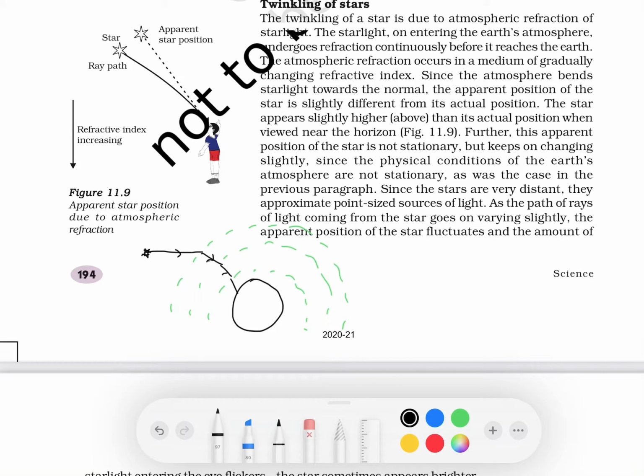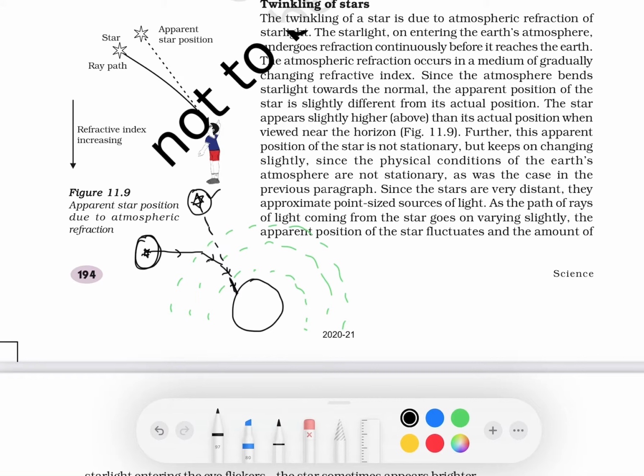So ultimately the straight path which is only this much is seen by you, and a virtual image of this star is formed here. So the star that you are seeing is not actually at that point, it is somewhere else. This is just its image, right?